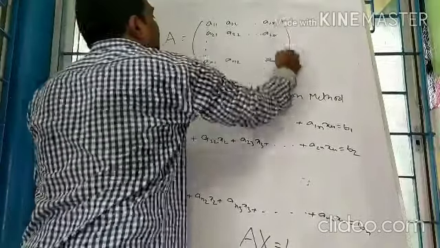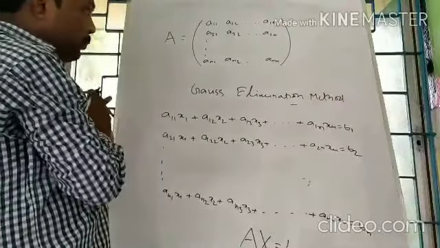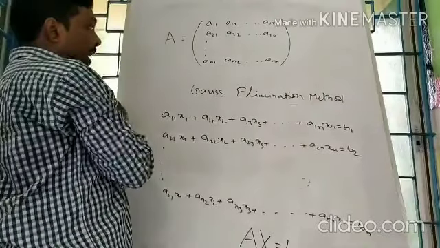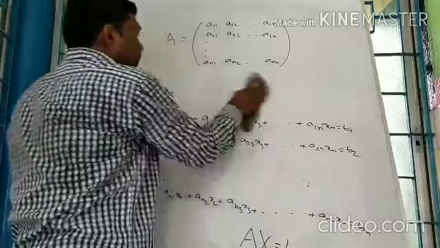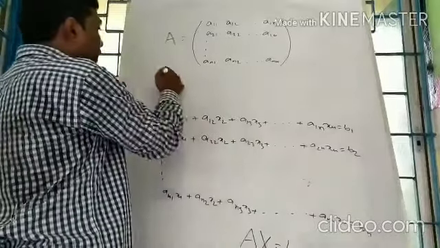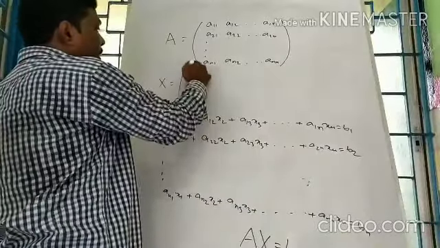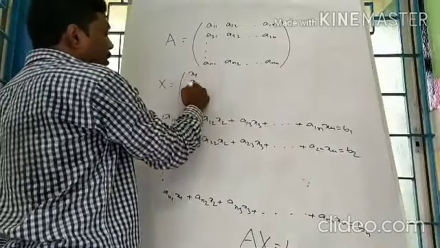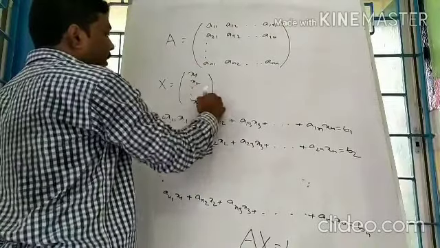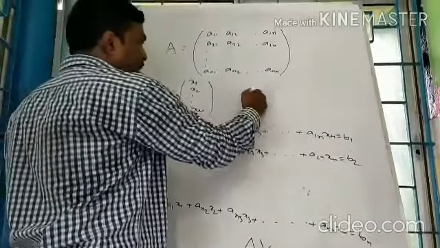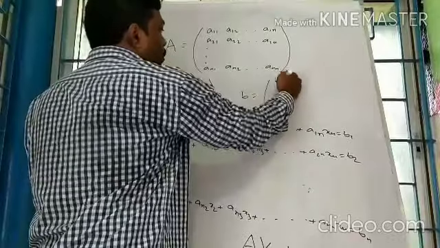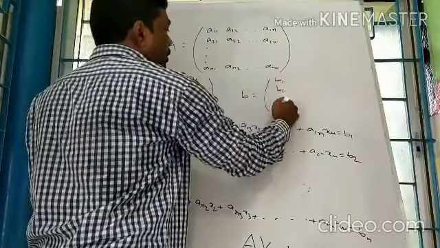This is the coefficient matrix A. The vector capital X is the unknown vector x1 x2 dot dot xn, and the vector b equals b1 b2 dot dot bn.